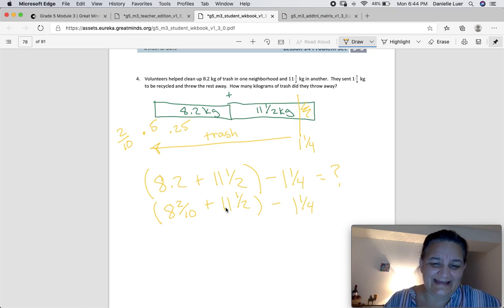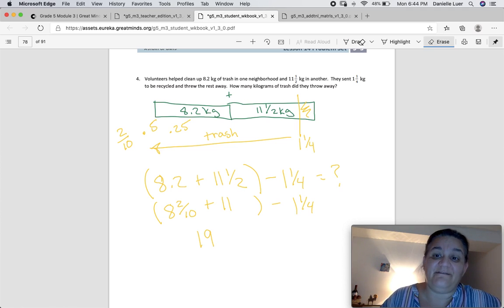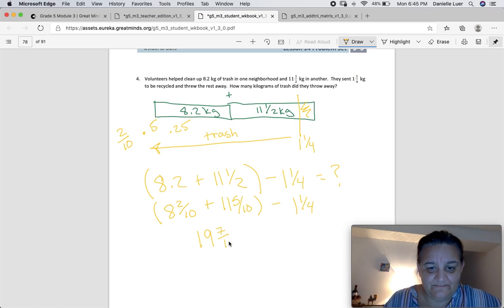8 and 11 is 19. And you know that 1/2 is actually 5/10. So I don't even need to do any weird common denominator stuff. I can just change that. And that is 7/10.